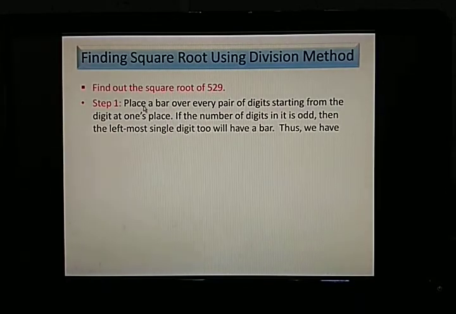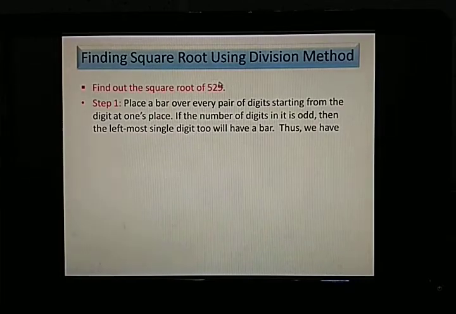First we place a bar over every pair of digits starting from the digit at the ones place. This is the ones place, 9 is at the ones place. From the right side we place a bar on every pair. Pair means 2 digits, and if the number of digits is odd, then the leftmost single digit, 5, will have a bar.